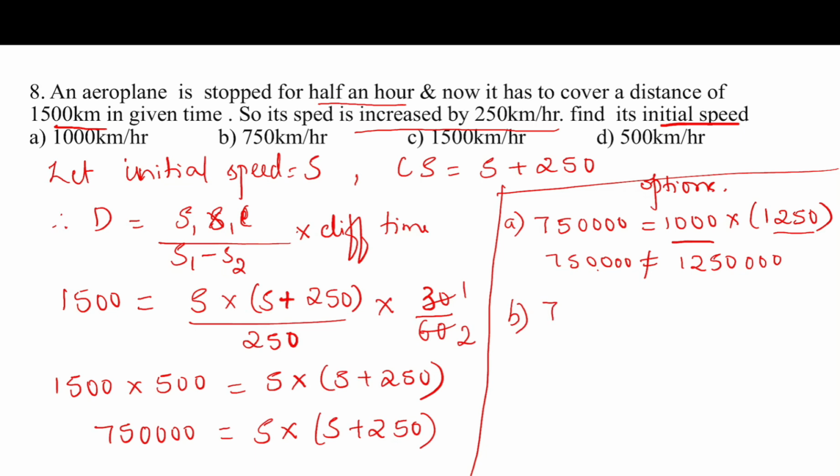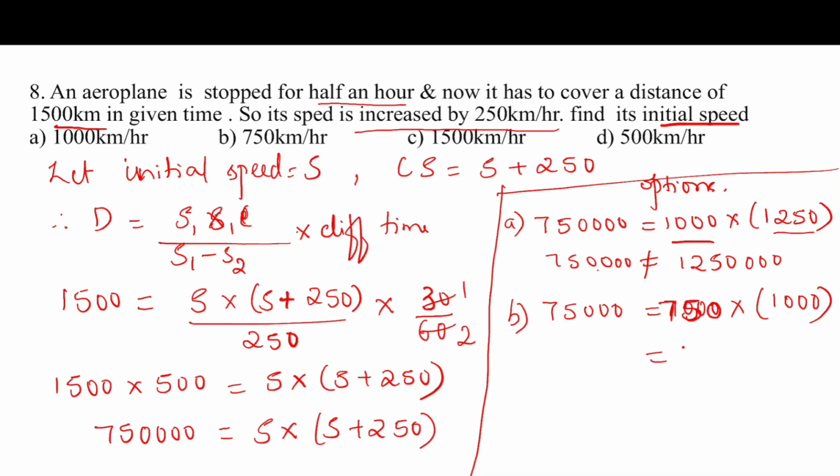So we'll try with option 2, which is 750 kilometer per hour. So it is 750 into 750 plus 250, which is 1000.